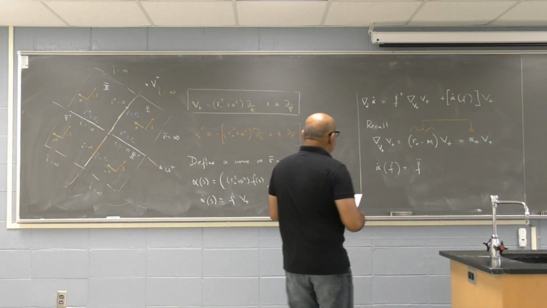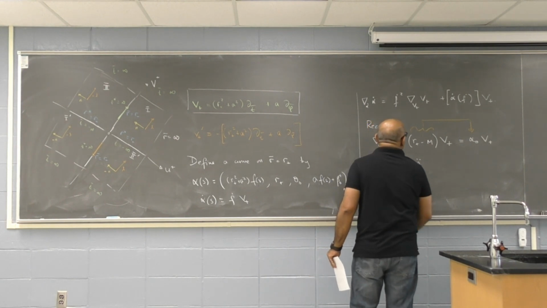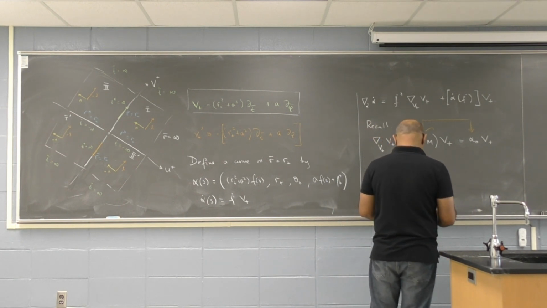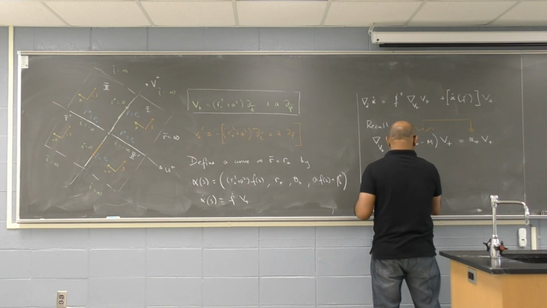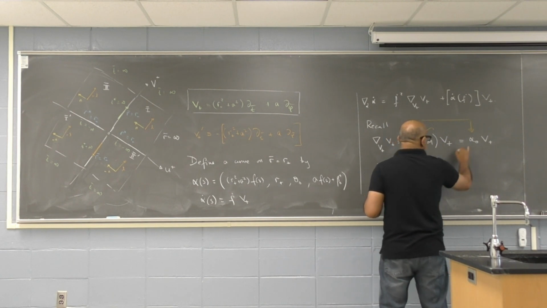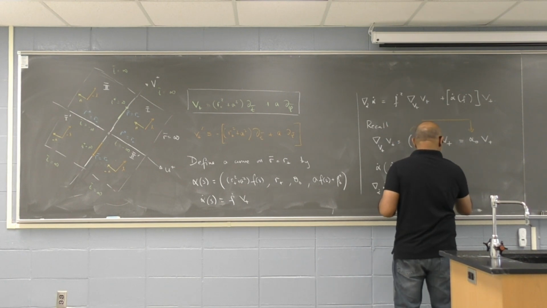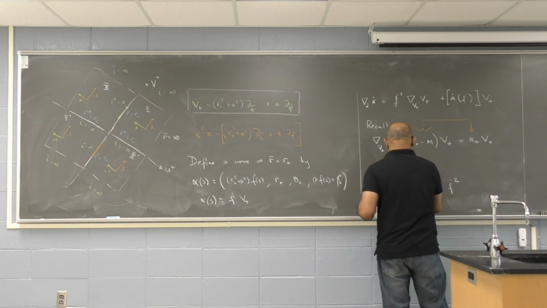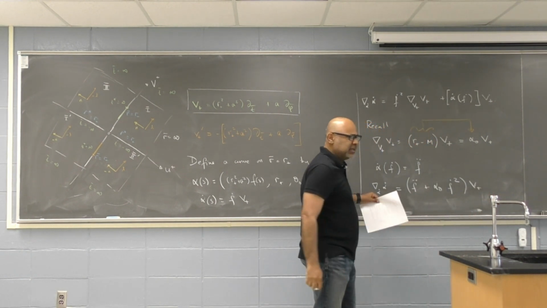So then this becomes, I'm writing this term first, f double dot plus alpha dot f dot squared times v plus, as expected.